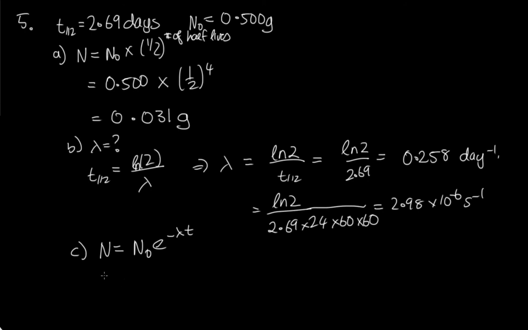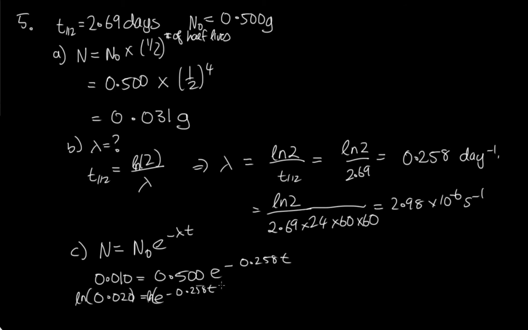So we want to have 0.010 grams, and we start with 0.500 grams, and this is e to the minus. Let's get our time in days to start with, so that's 0.258 t, and this time is in days, and so we divide this by this, and we end up with 0.020 is equal to e to minus 0.258 t, and now we're going to need to take the natural logarithm of both sides in order to get rid of this exponential.